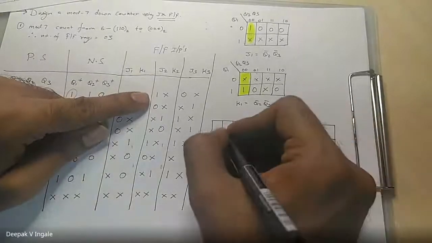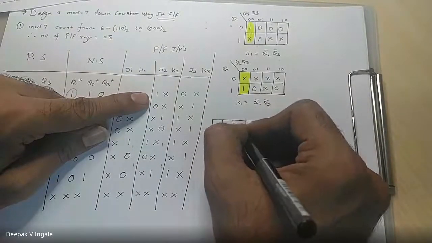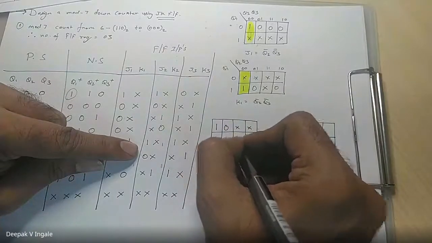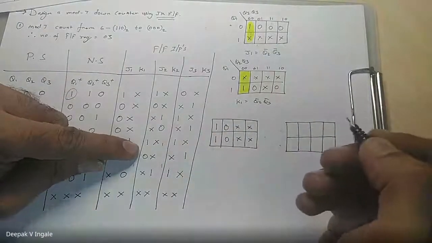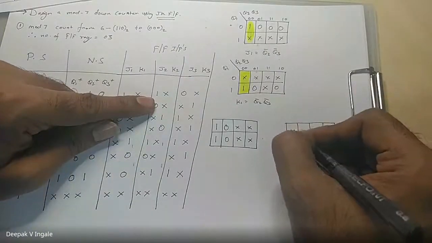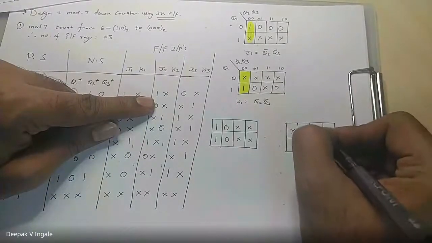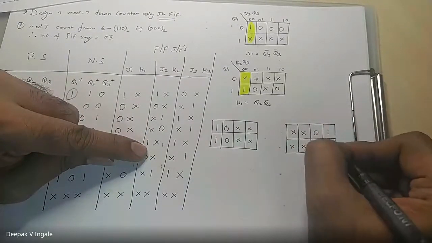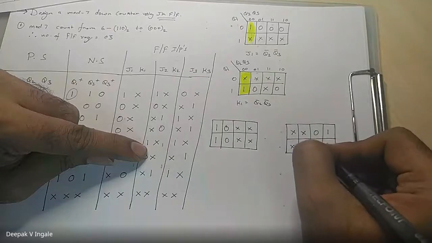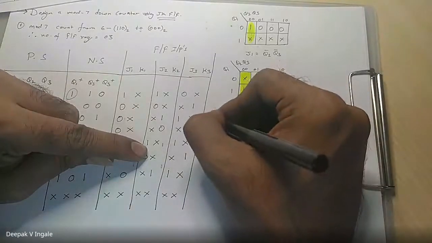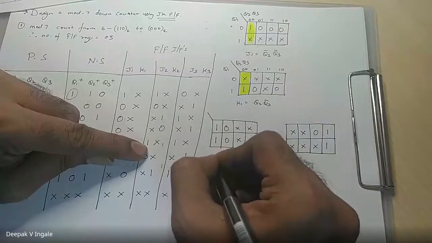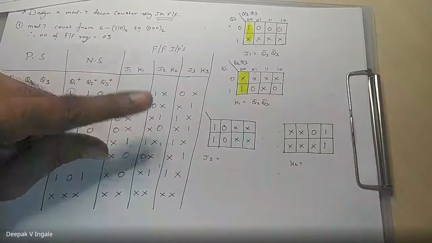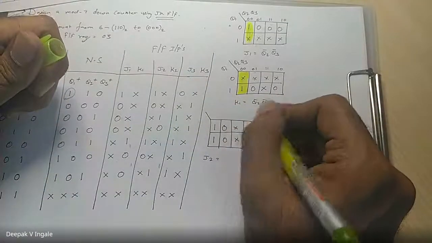Okay, so J2 is 1, 0, x, x, 1, 0, x, x. For K2, x, x, 1, 0, x, x, 1, x. Correct? This is J2, this is K2. So you can group them into one quad.